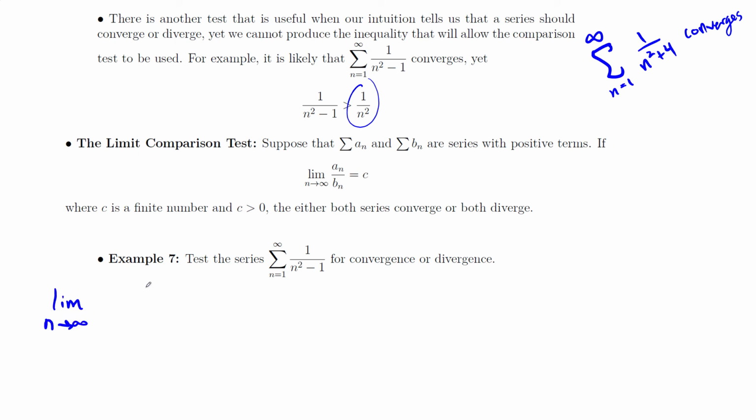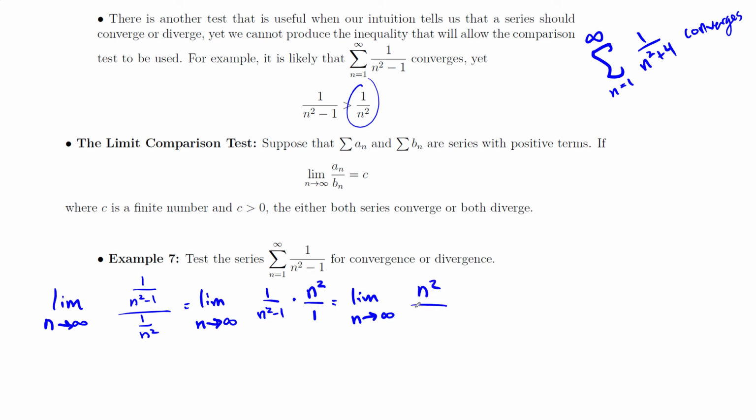So I can say that I'm going to take 1 over n squared minus 1 divided by 1 over n squared, which is 1 over n squared minus 1 times the reciprocal of the denominator. So the limit as n goes to infinity of n squared over n squared minus 1.